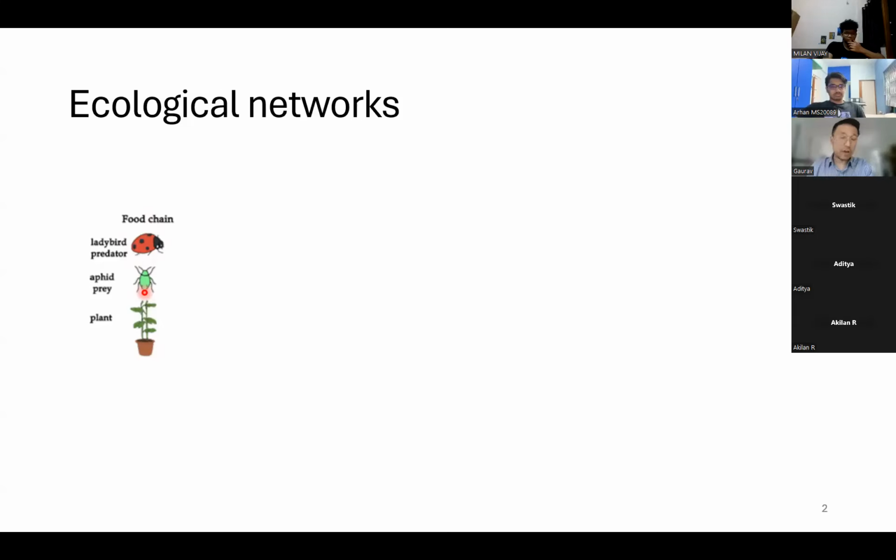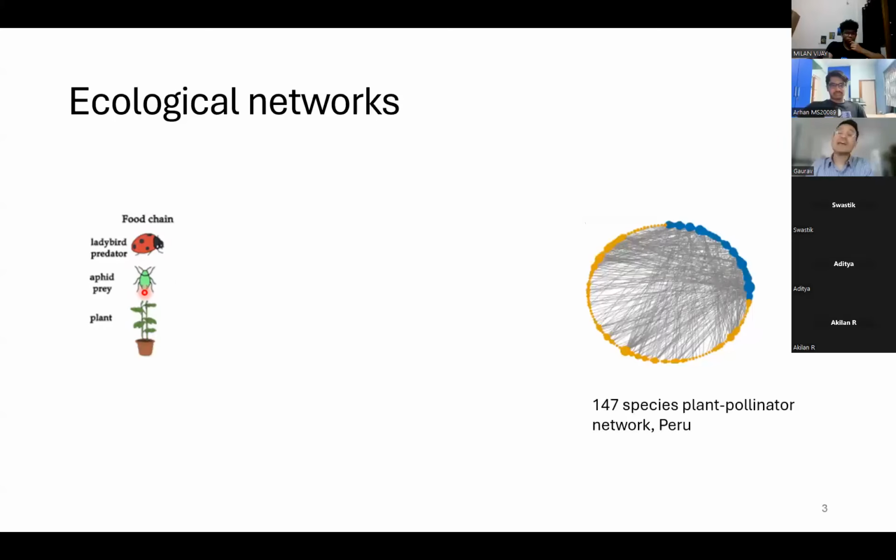But ecological networks can range from as simple as a tritrophic food chain to as complex as a 147 species plant pollinator network. This is an empirical plant pollinator network that was observed and collected in Peru, South America, where the orange nodes are the plants, and the blue nodes are the pollinators.